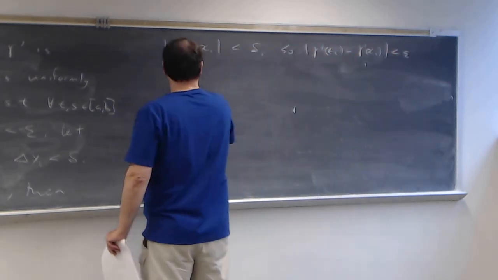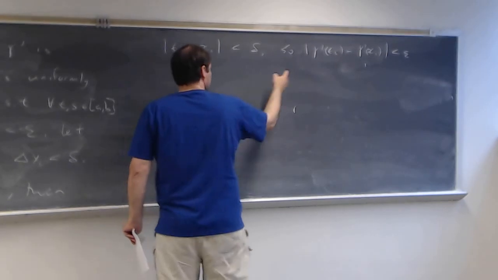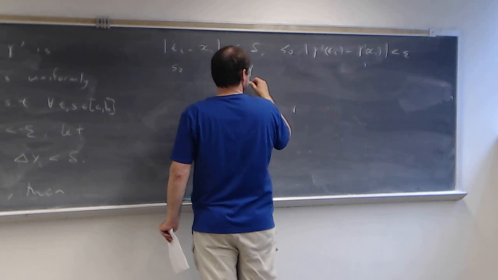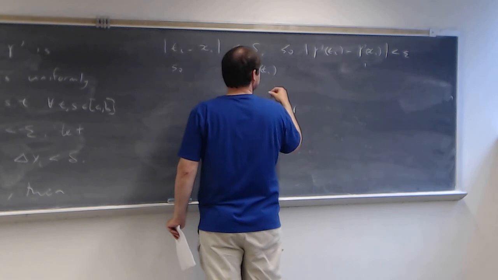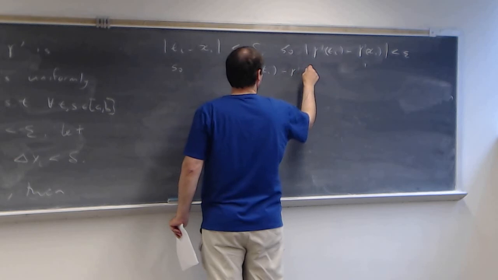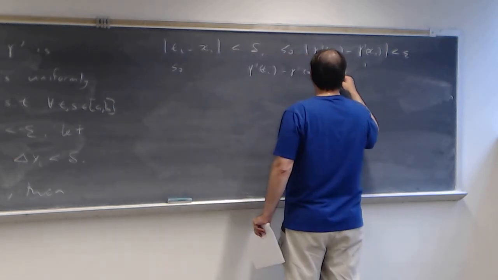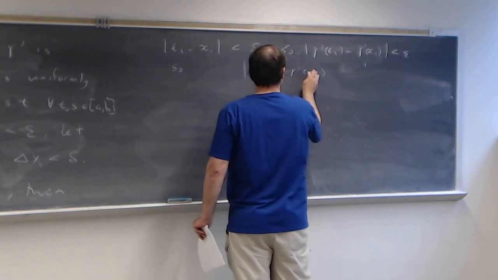Okay, working with this just a little bit, here's what we get. What this will tell us is that gamma prime of t sub i minus gamma prime of x sub i, in terms of norm, well, let's write it down this way.